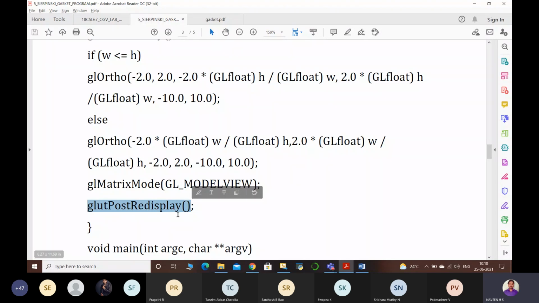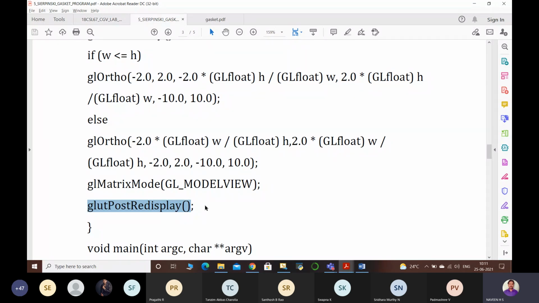This glut post redisplay is nothing but simple. I'm just telling it in simple words. After calculating all my new values, I am retaining my current window. Along with that, whatever changes have been done, whatever model we have constructed with the new values, that model or object I'm going to display after doing all these things.